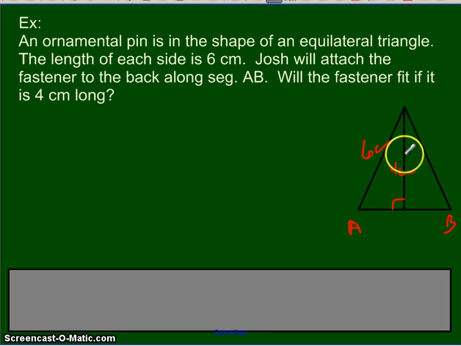Alright, well, if this is the altitude that we're dropping the fastener down from, equilateral is also going to be equiangular, so this would be 60 degrees for the entire thing, and this is going to be cut in half. So that's going to be a 30 degree, that's going to be a 90 degree, and that's going to make this a 60 degree angle here.